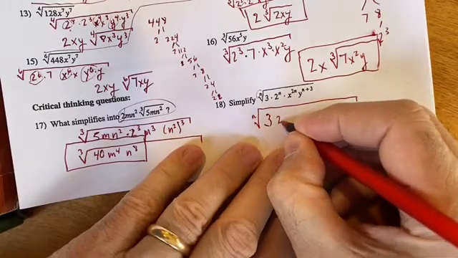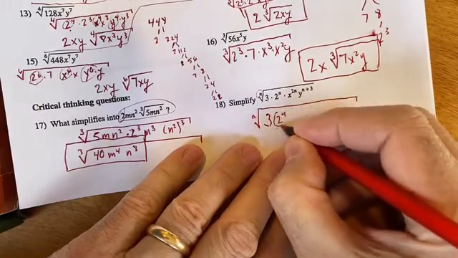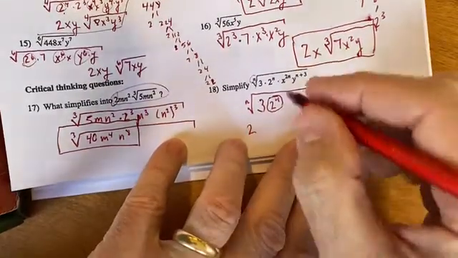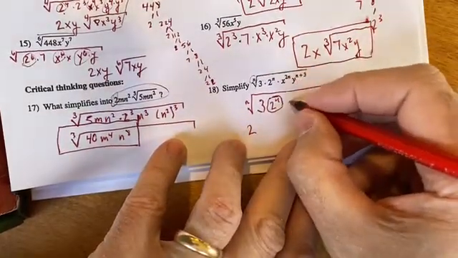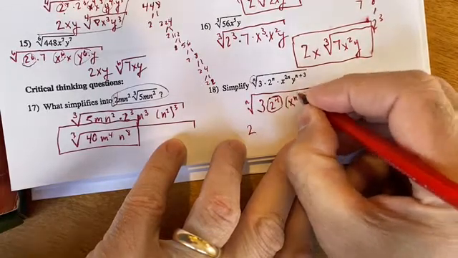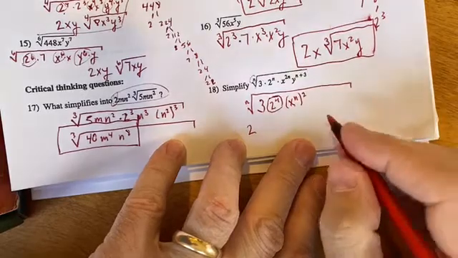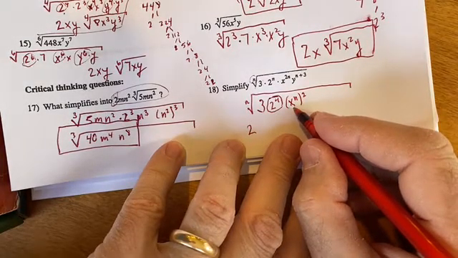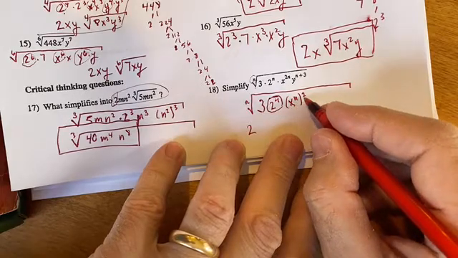But 2 to the nth, there's n of those 2s multiplied together, so 1, 2 can come out. Now, this one's weird. It's like x to the n squared. So how many x to the n's do you have multiplied together? There are 2 of them.